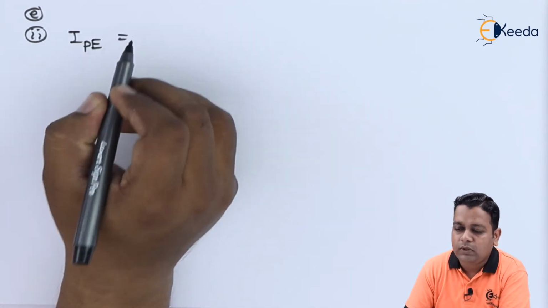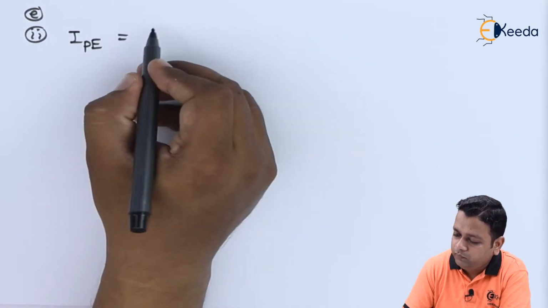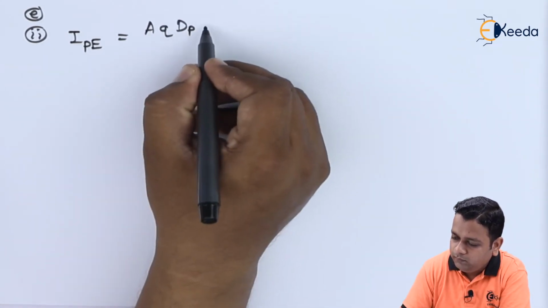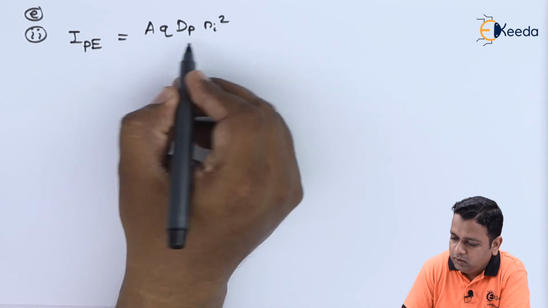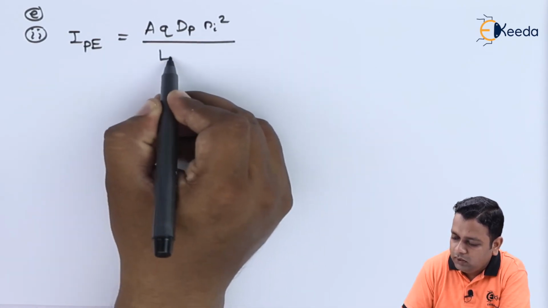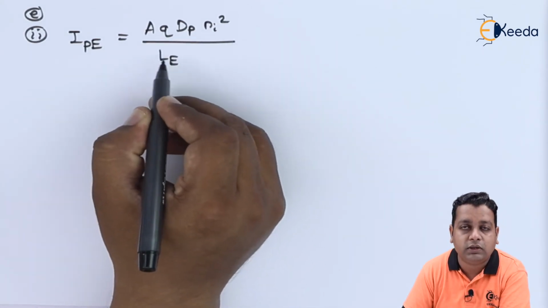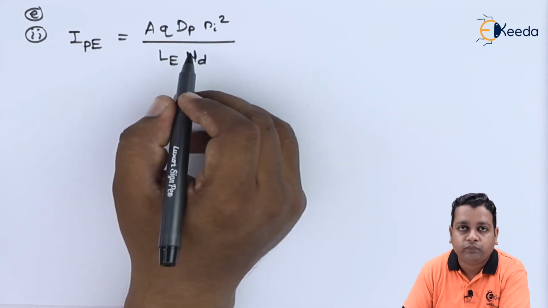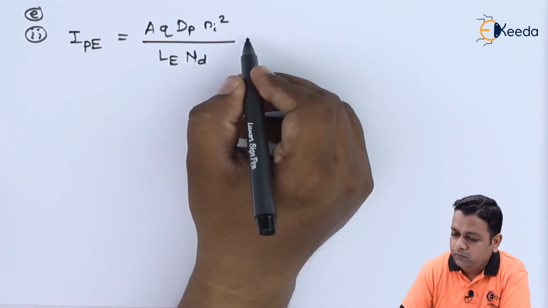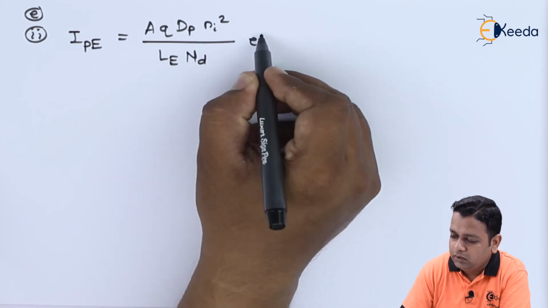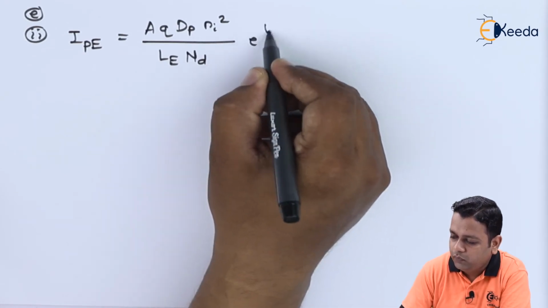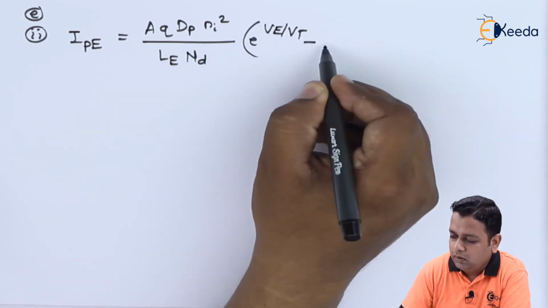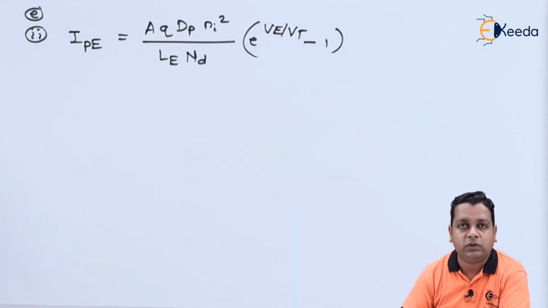It can be given by the equation capital A Q Dp Ni square divided by the multiplication of the diffusion length Le into the concentration of impurity Nd, and along with the exponential of Ve by Vt we subtract 1 from it. So this is the formula.